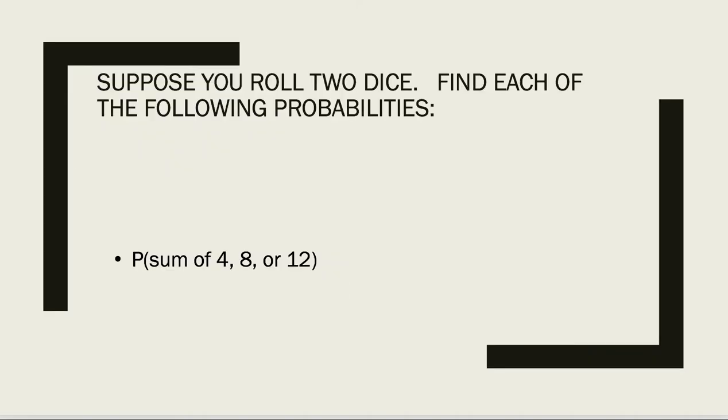Okay, so what about 2 dice? Find the probability of rolling a sum of 4, 8, or 12. So remember, for the 2 dice, we know that we're out of 36. Okay, and then you need to write down the ways that you can roll a 4, 8, or 12. So for a 4, you could roll a 1 and a 3, a 3 and a 1, a 2 and a 2.